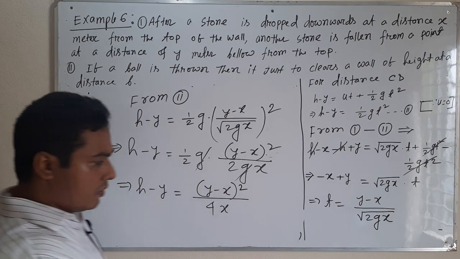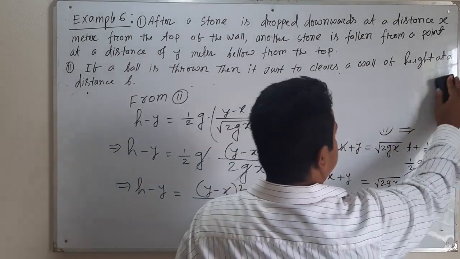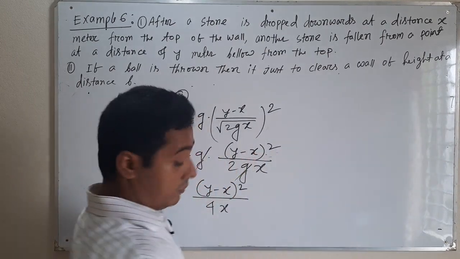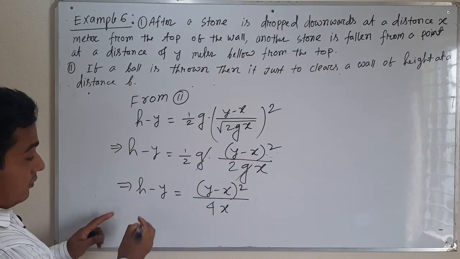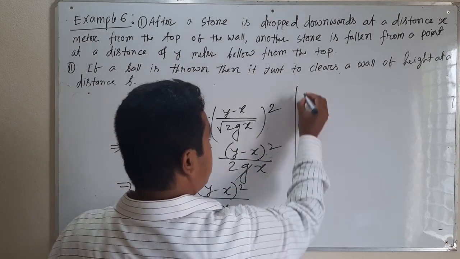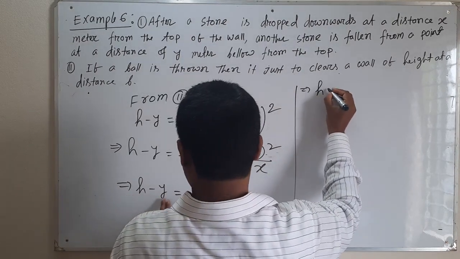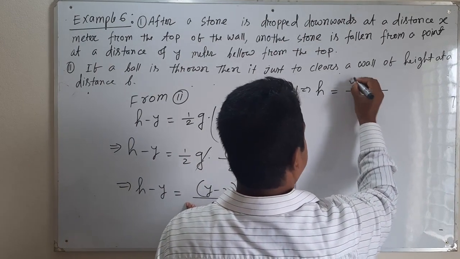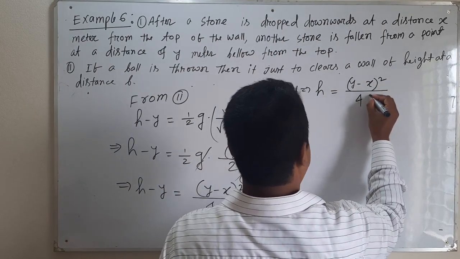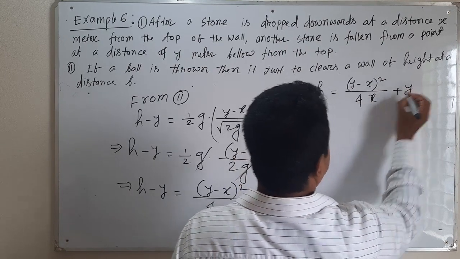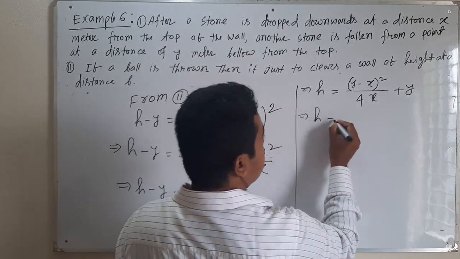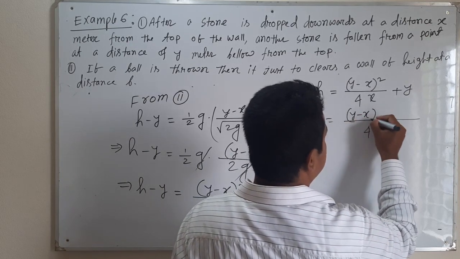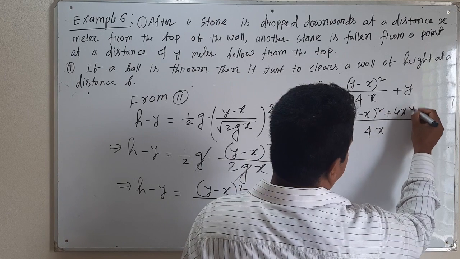Now from this we get h is equal to y minus x whole square divided by 4x plus y. Then h is equal to y minus x whole square plus 4xy divided by 4x.